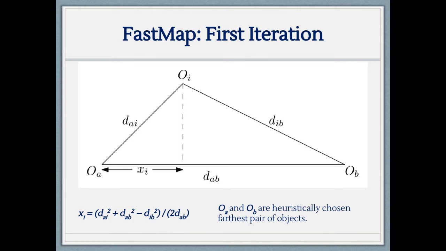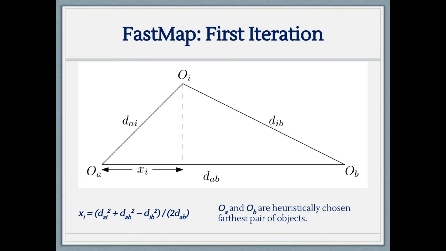The coordinate for A would be 0 in this first dimension, and the coordinate for B would be the distance from A to B. These are our pivot points. Then for every other node i, we use the distances to the pivot points to compute a coordinate value xi as a perpendicular projection onto the line between A and B as illustrated.